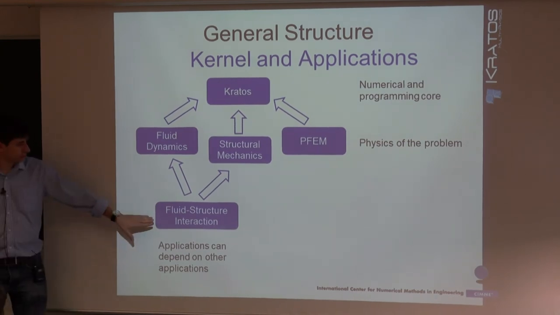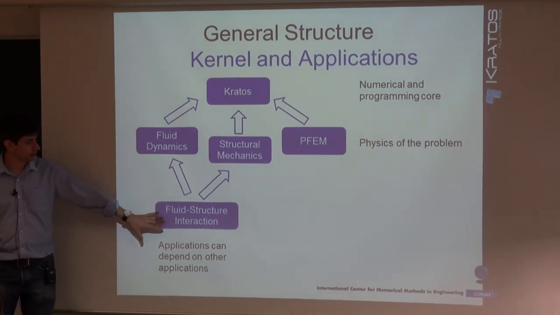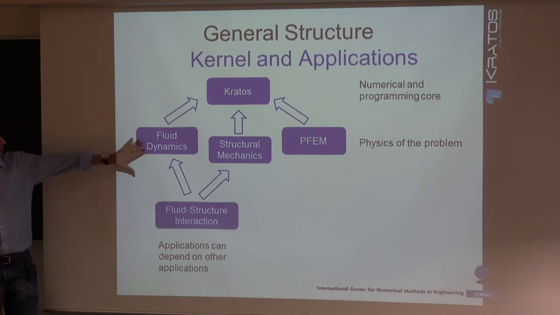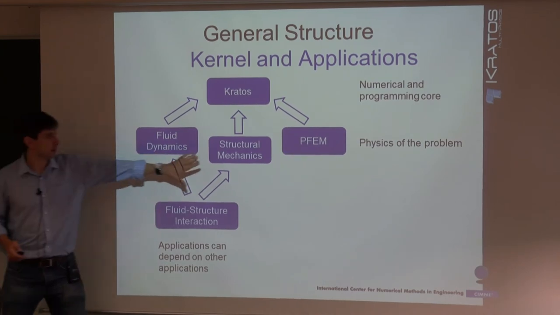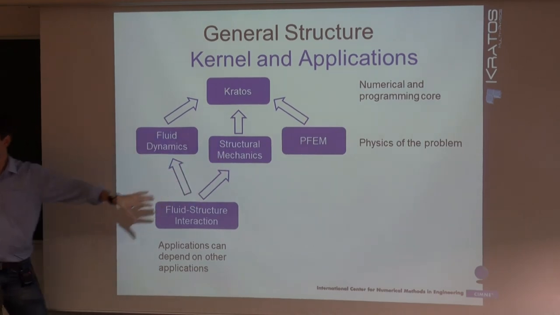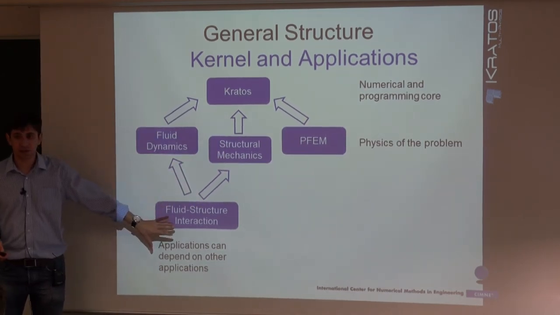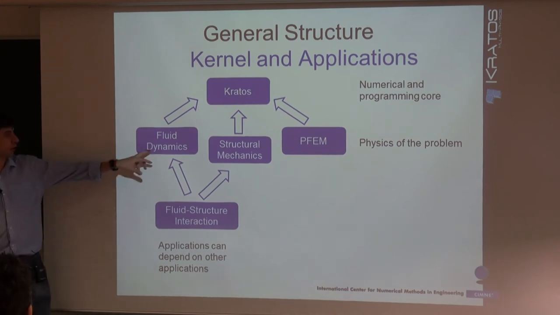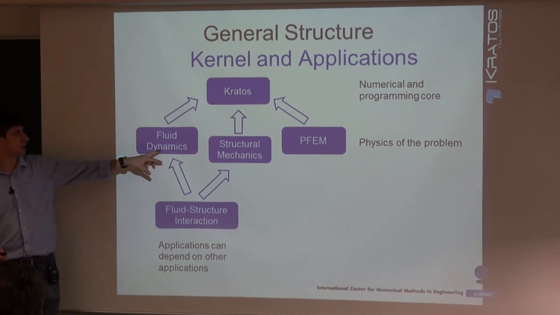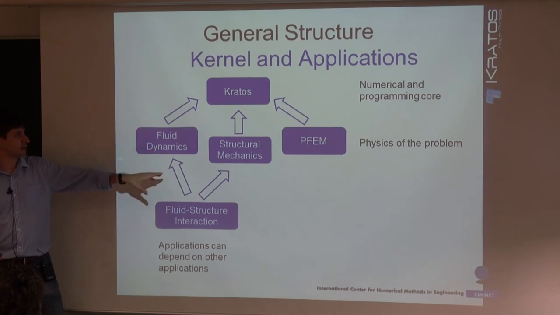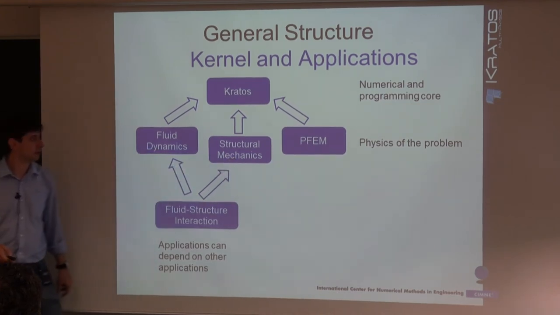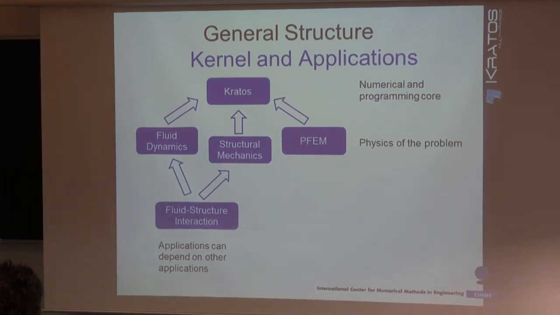Then, if you want to create a fluid structure interaction, you'll probably need to call the fluid dynamics and the structural mechanics. This is what I was saying exactly. And you can have your own strategy, but probably at some point you will call the strategy that is inside the fluid dynamics application and the strategy that is inside the structural mechanics application.